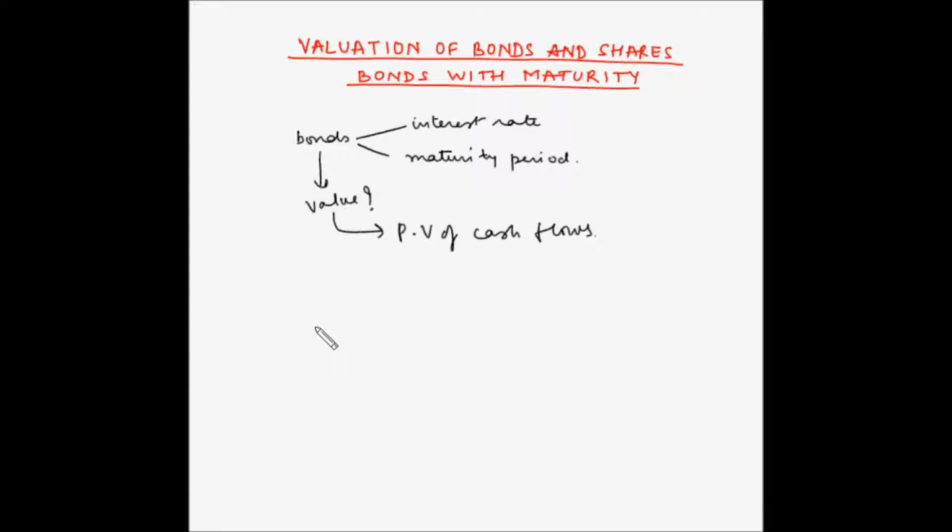So the typical cash flow for a bond with a 5-year maturity period will look something like this on the time scale. So we have 0, 1, 2, 3, 4, and 5. At the end of each of the 5 years, we'll get interest. So INT represents the interest.